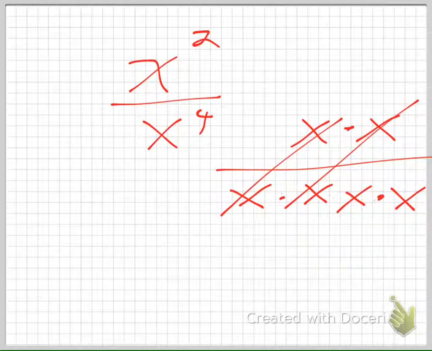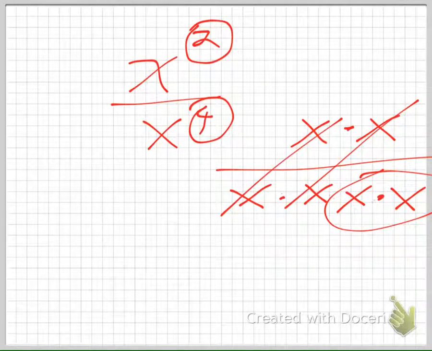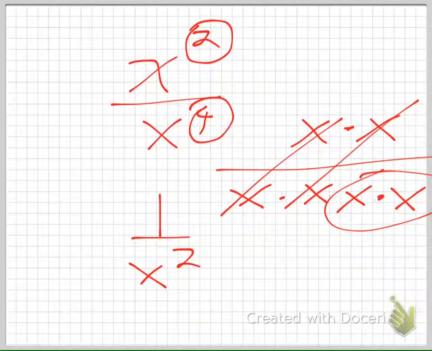Where did they land? What's left? 2 X's. Where? Oh, okay. So if the bigger number's on the bottom, then that's where it lands, on the bottom, right? And so then this would be 1 over X squared. How do you write that without a fraction bar? X to the negative 2. Right? Yes, Big John?